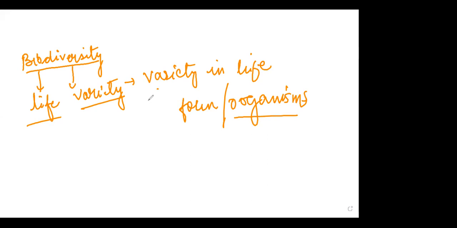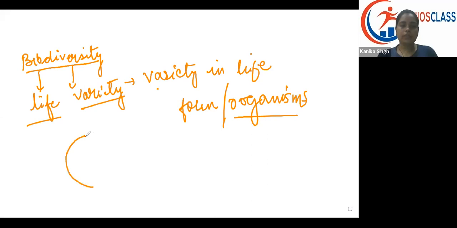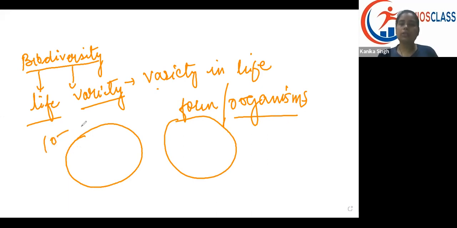So for example, if I consider a place over here, A, and a place over here, B. In A, 10 animals are there, but all 10 are different. Here also 10 animals are there, but all of them are cow only.